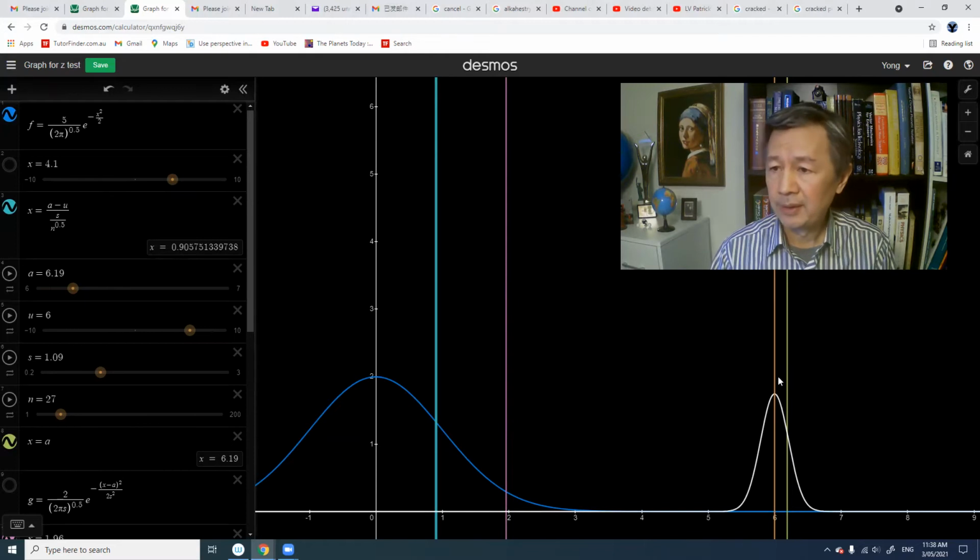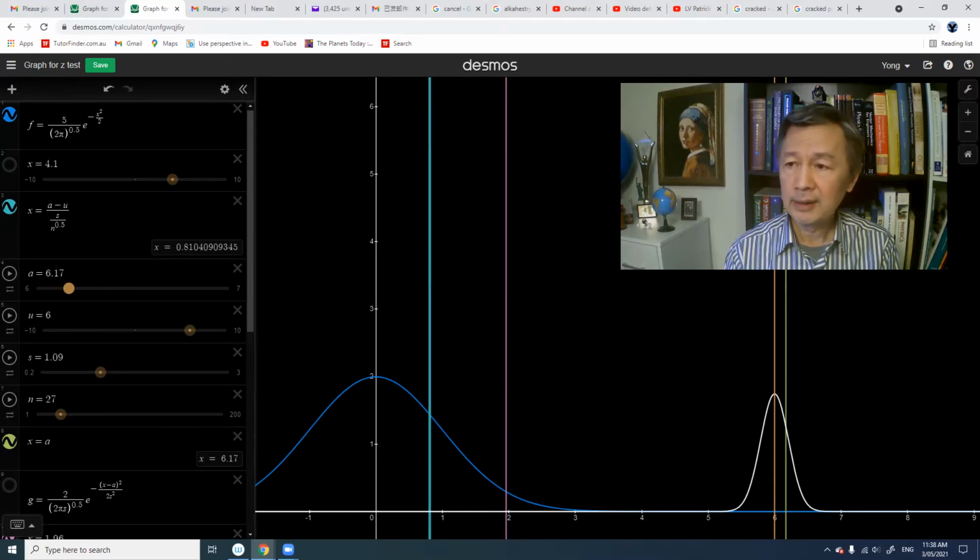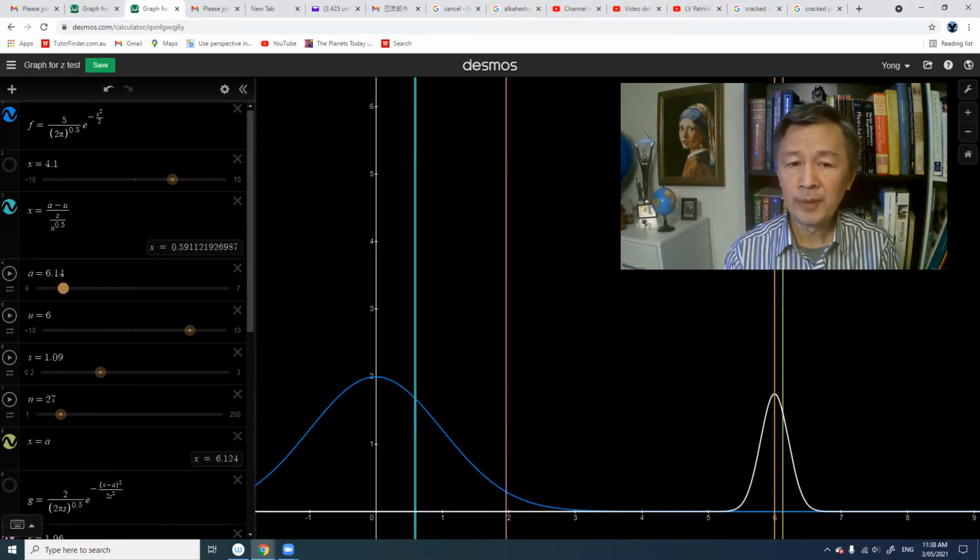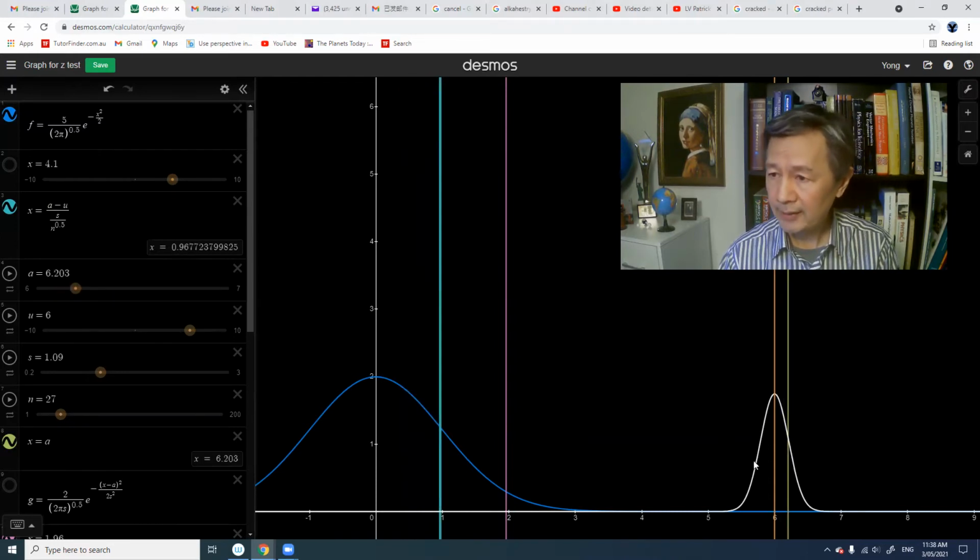It is apparent that no matter how small the difference between the sample mean and the population mean, from the graph on the right-hand side we can always conclude that the sample mean is larger than the population mean. So there is no chance to not reject your null hypothesis, which states that the sample mean equals the population mean.